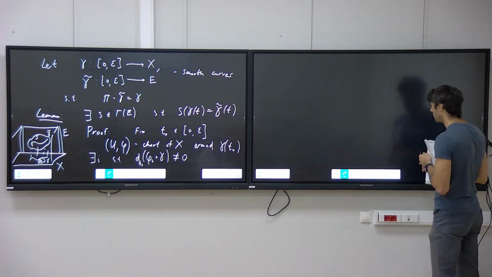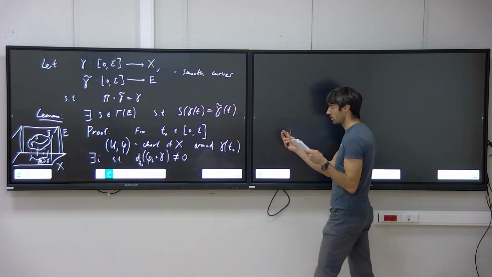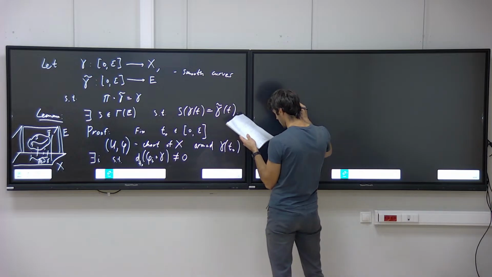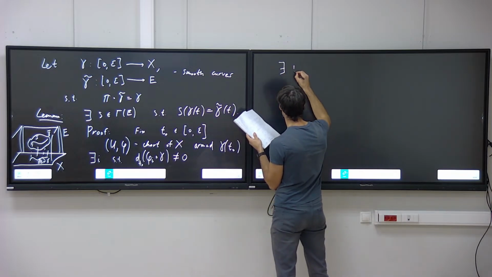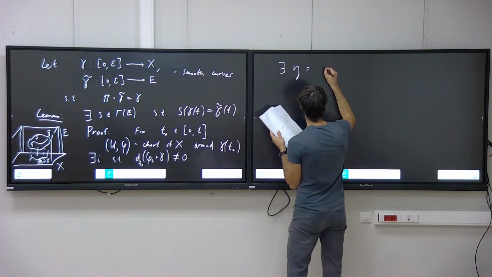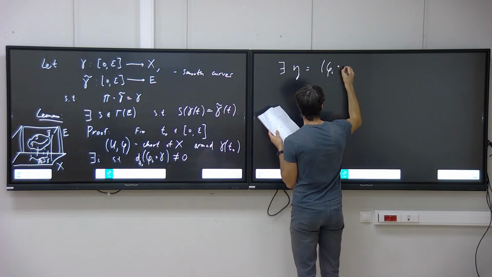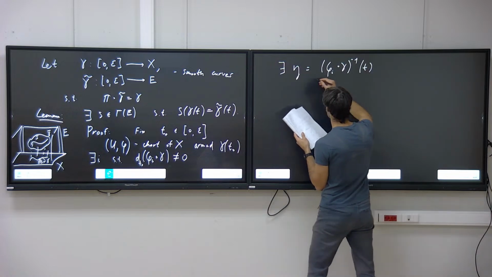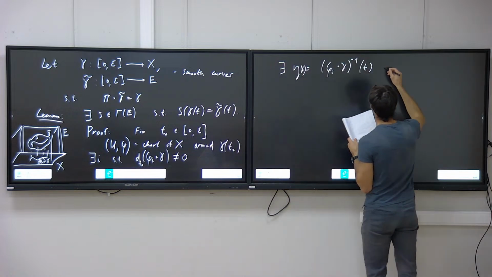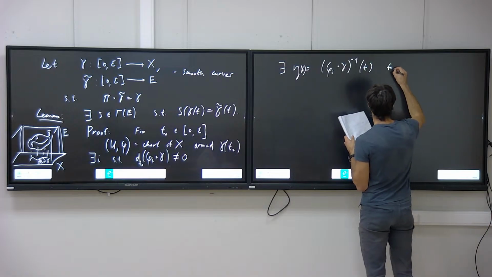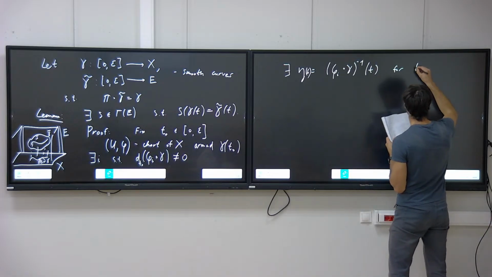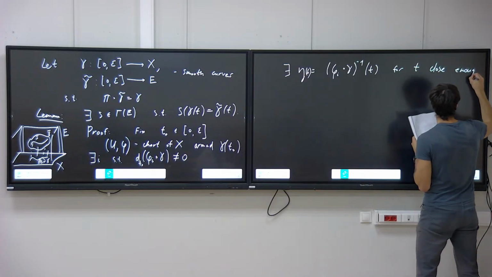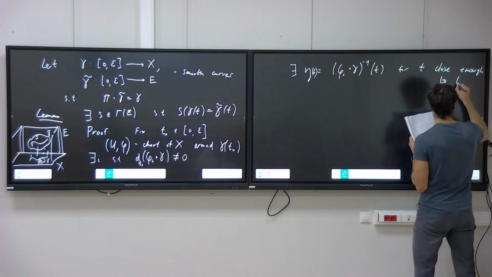Okay, so therefore I can invert it locally by the inverse function theorem, right? So there exists eta, which is phi I gamma inverse, for t close enough to T0.